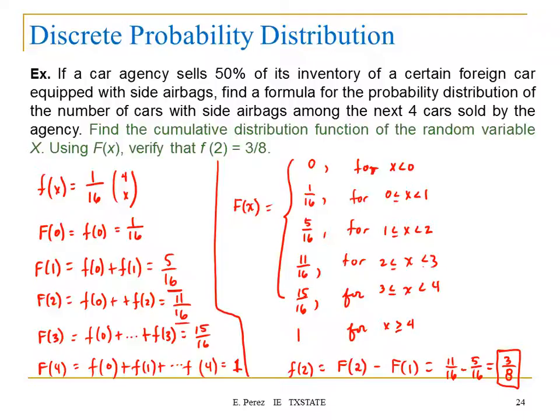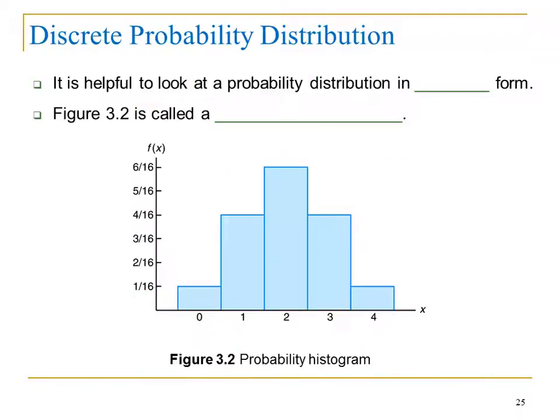Questions? Let me show you something really quick. I think this will give you a better idea, because once you see the figure, you can understand what we are trying to do. So it's helpful to look at the probability distribution in a graphic form. Do you remember, it's right here, this is called a histogram, or a probability histogram.